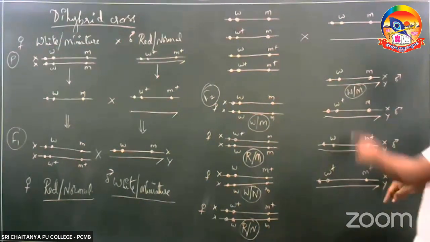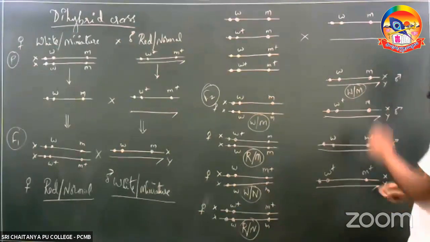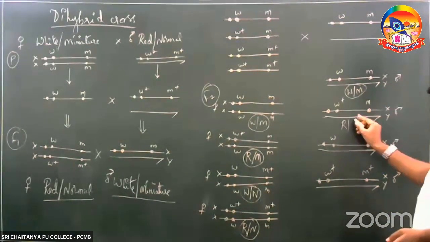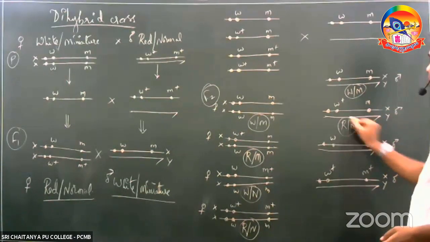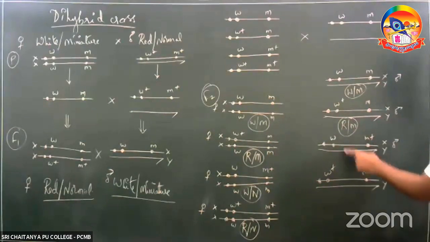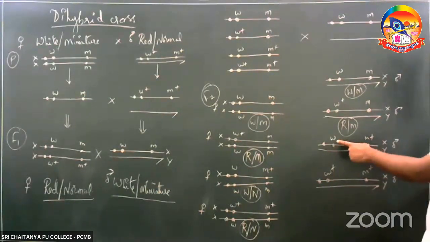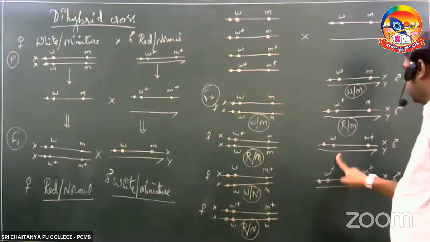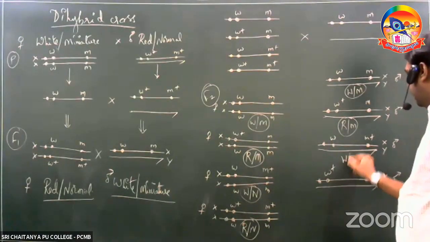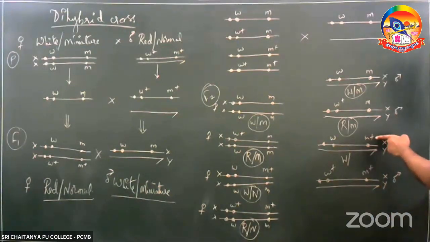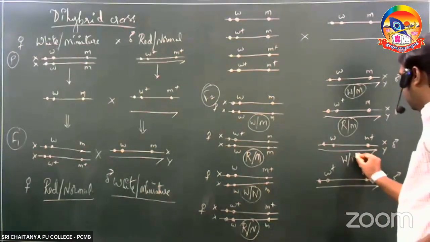The second condition, W plus. Since it is W plus, it would be red eye, and since only M is there, it would be miniature wing. So the second condition would be red eye, miniature wing. The third condition, W, since it is a recessive allele here again, this would again be white eye, right? And since M plus is there, M plus is a dominant allele, therefore the wing here would be normal wing.